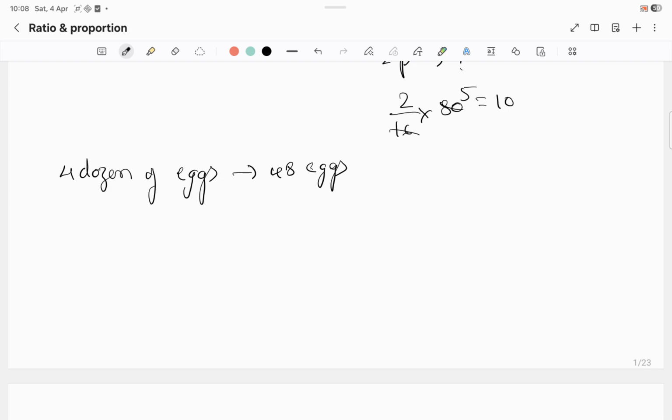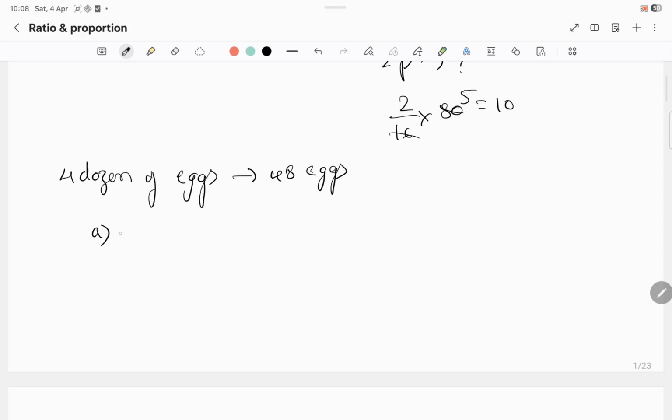Means now the ratio of broken to normal eggs is given as 3:7, 4:5, 2:3, 2:1. Now what can be our answer? The simple thing is, my total number of eggs is 48.